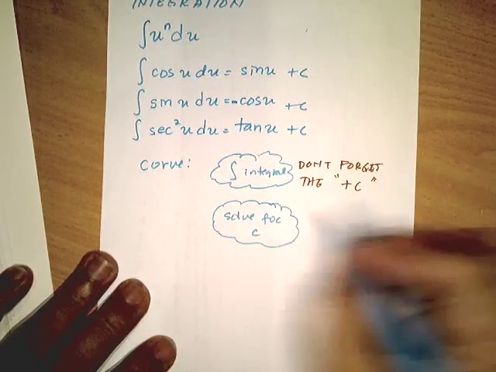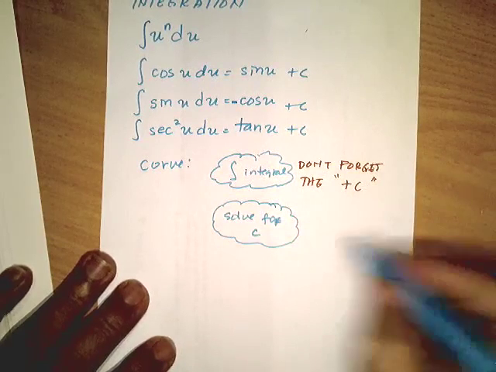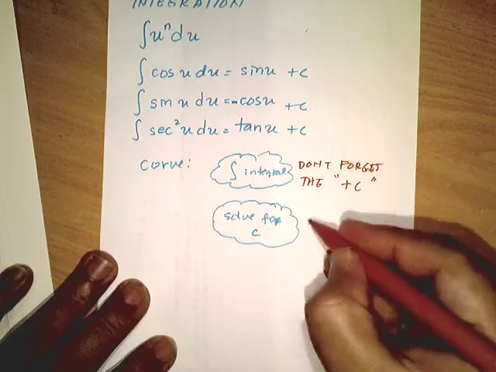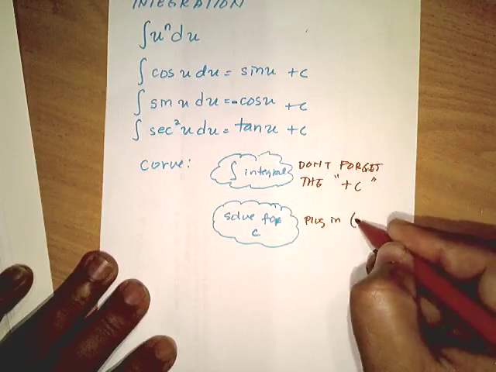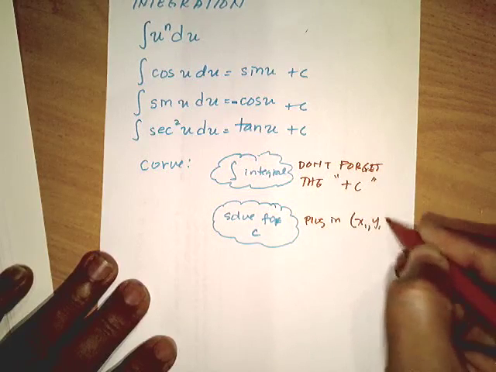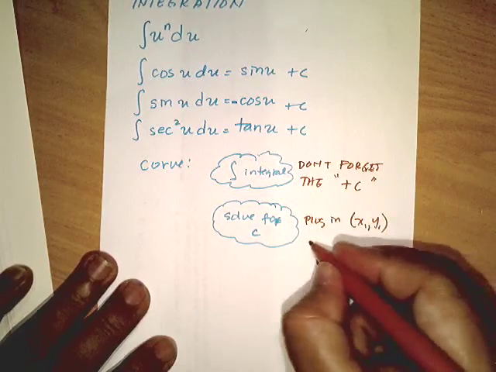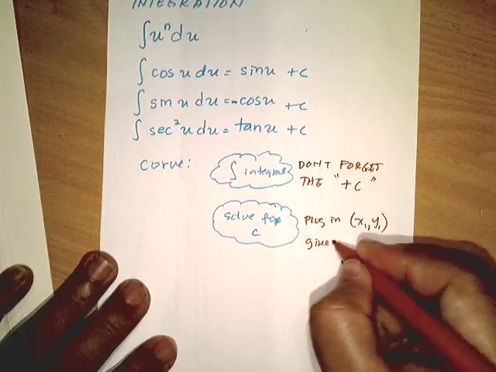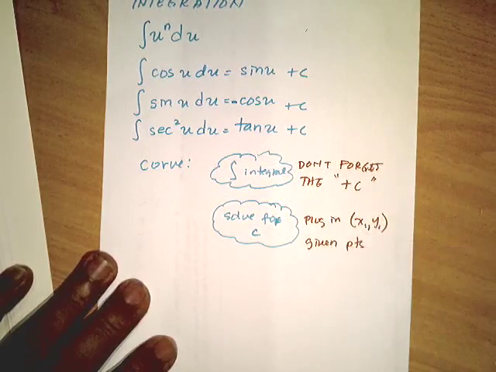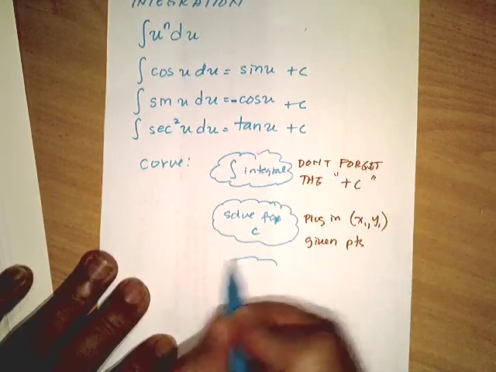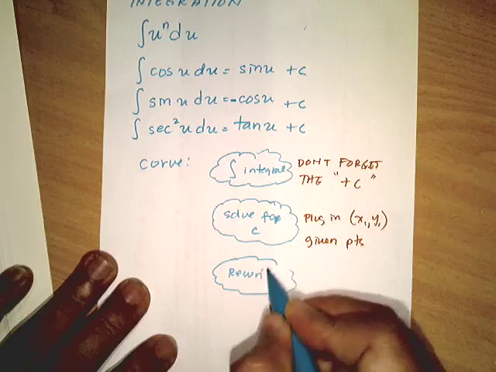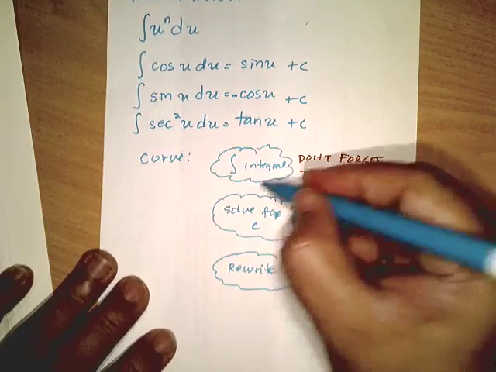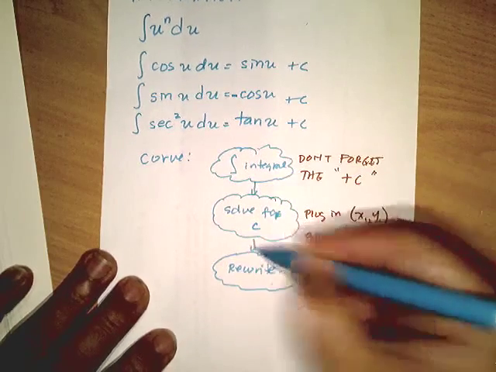How will you solve for the c? You plug in the given points, I would say x1, y1 as the given points. And then after that, rewrite. Then finish. So that is the flow chart.